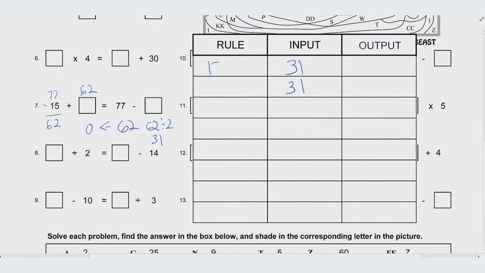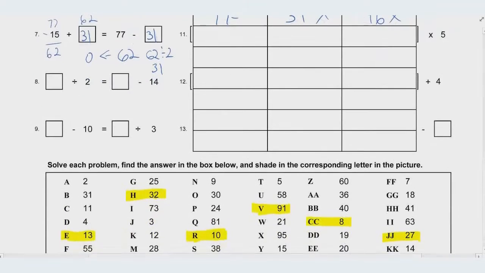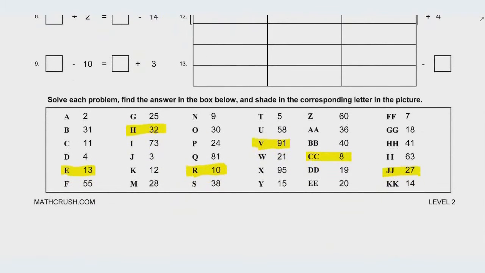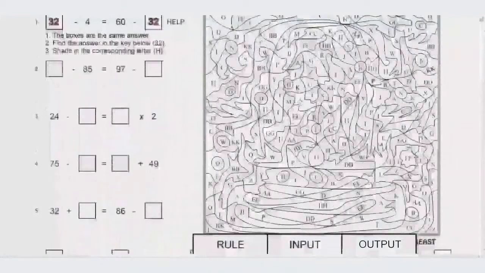I have my rule, 15 plus, 77 minus. 15 plus 31 will give me 46, and 77 minus 31 will give me 46. We have the same output, we have the same input, so this answer must be 31. We come down here to our box, and we're looking for 31. 31 is B, and we're going to shade in all the B's.